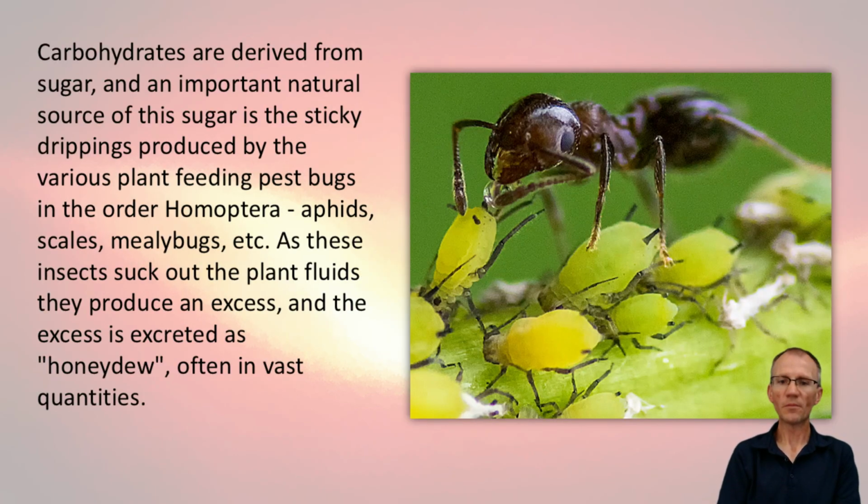Carbohydrates are derived from sugar, and an important natural source of this sugar is the sticky drippings produced by the various plant-feeding pest bugs in the order Homoptera: aphids, scales, mealybugs, etc. As these insects suck out the plant fluids, they produce an excess, and the excess is excreted as honeydew, often in vast quantities.